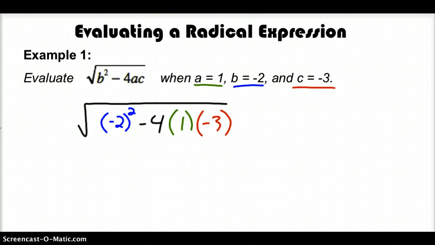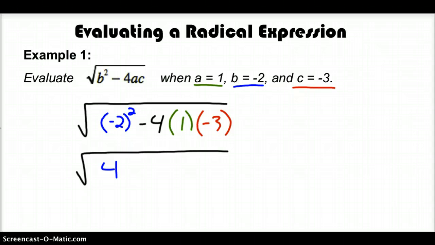Okay, now this is the part that we actually want to do first. We're really just doing the order of operations here, right? So the first thing I'm going to do is the exponents. So negative 2 squared is negative 2 times negative 2, which gives us positive 4.